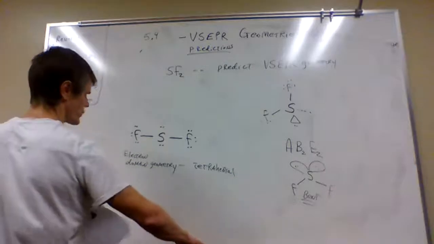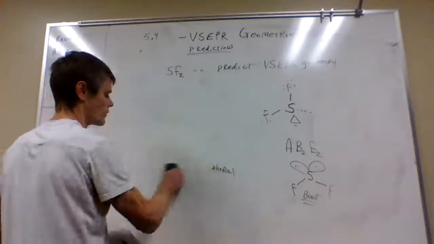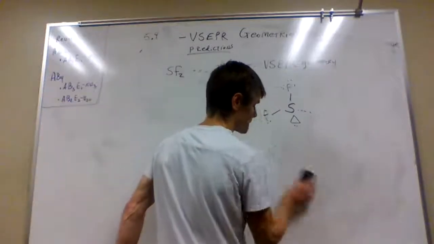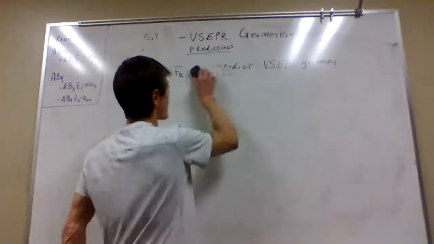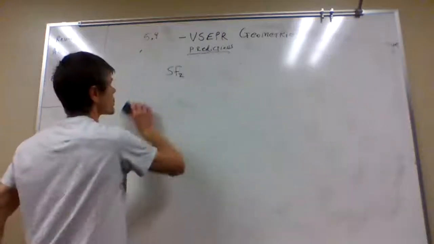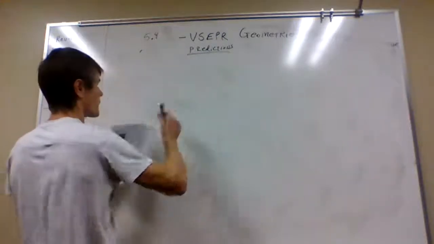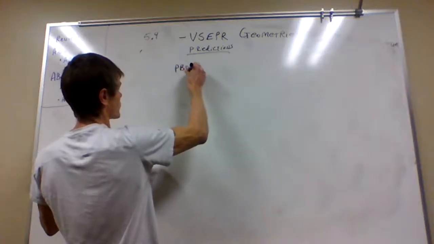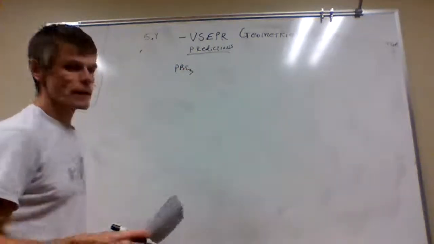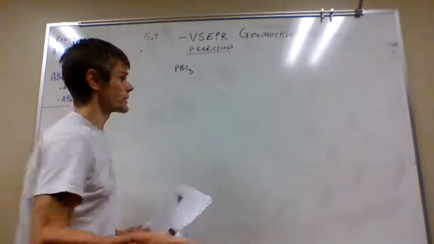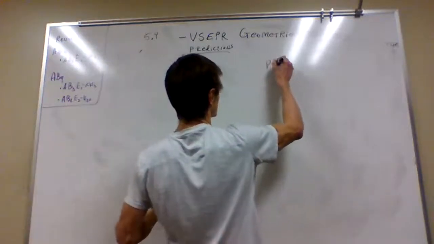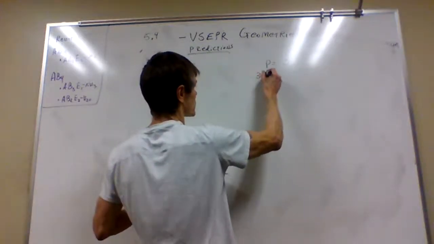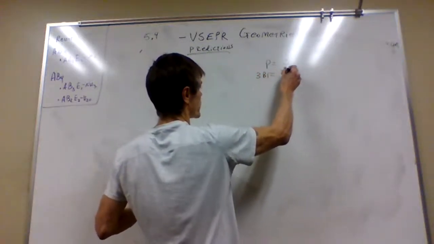Let's try another example. Phosphorus tribromide. So let's take into account our valence electrons. Phosphorus has 5, and the 3 bromine each have 7.